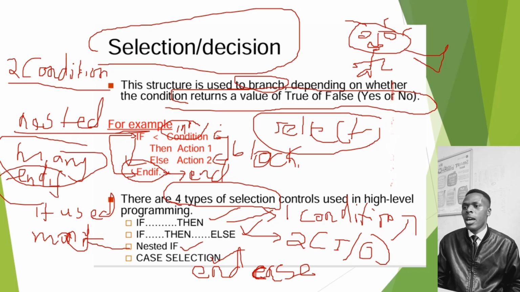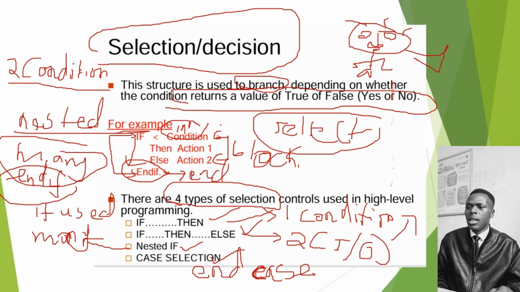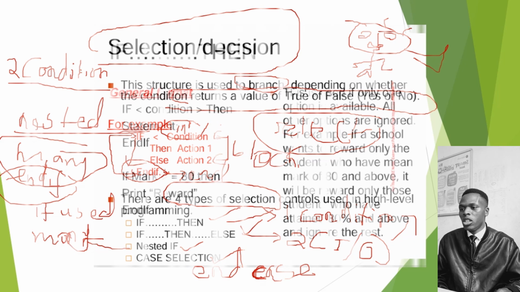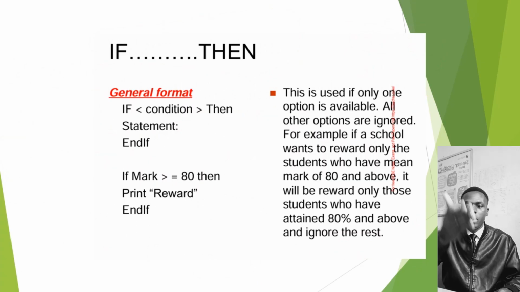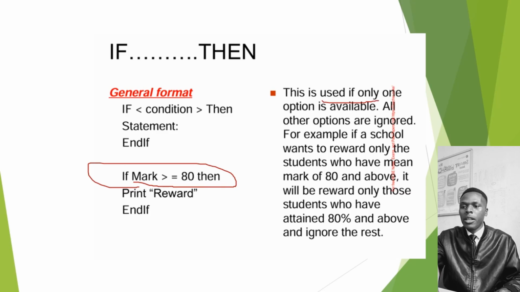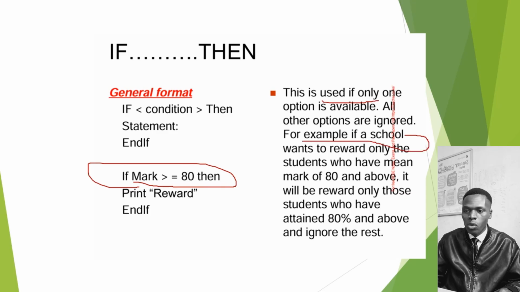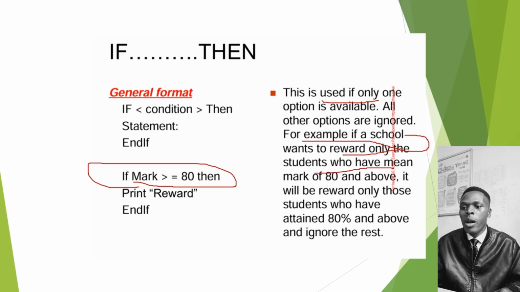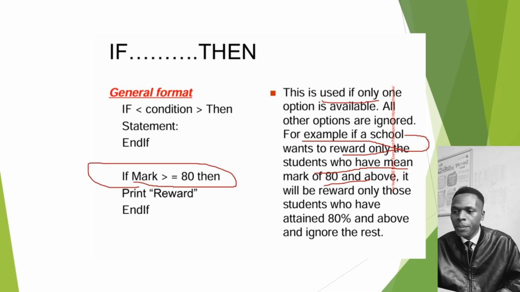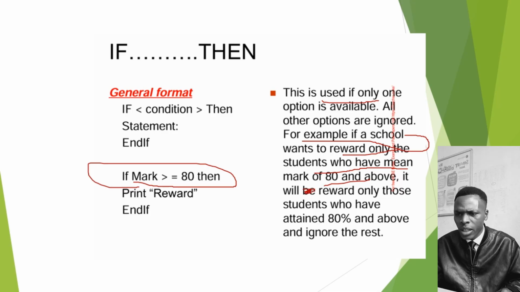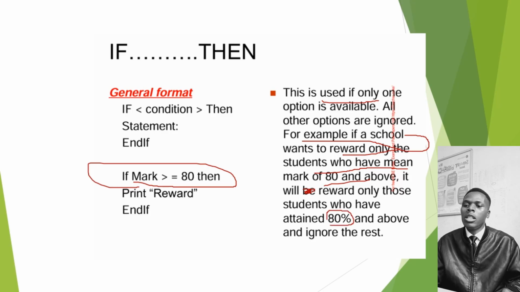So the if then statement is like this one now. We have a condition, we are testing a mark to reward students who have performed. For example, if a school wants to reward only the students who have a mean mark of 80 and above, it will reward only those students who have attained 80% and above, and ignore the rest.